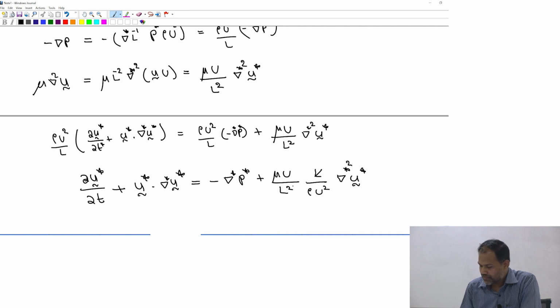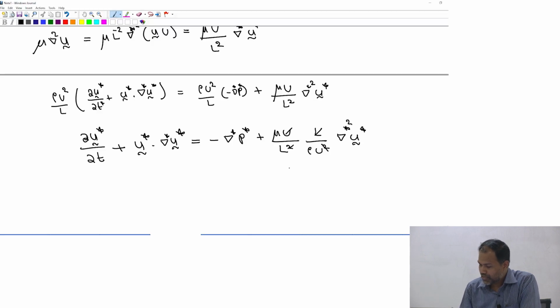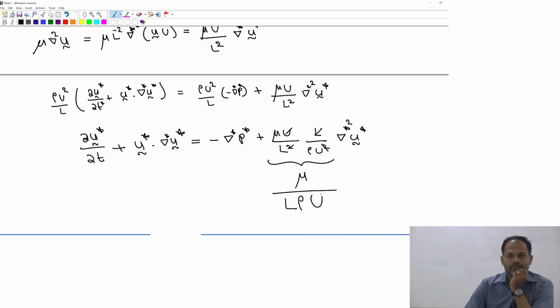So, 1 L will go, 1 U will go, and you get this quantity as mu divided by L rho u, right?